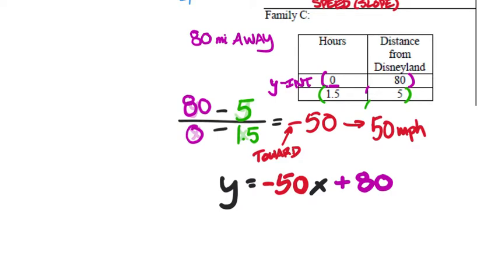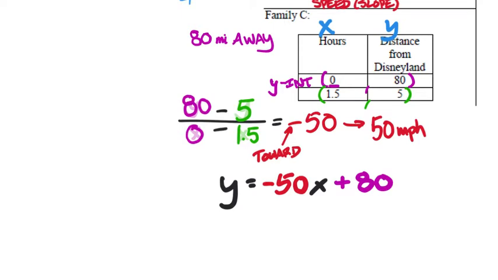The table says the x is this column and the y is this column. So we know which is which. And if we go back to the last section, we then know which one is independent and which one's dependent. Independent is hours, distance is dependent. Which should make sense because how long they drive is going to determine how far away they are from Disneyland.